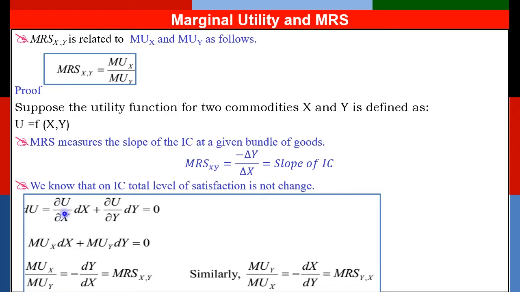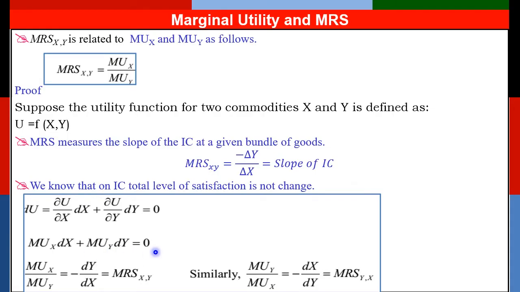Therefore, this becomes the marginal utility of x, dx is here as it is. Again, this one is the marginal utility of y, dy, equal to 0.